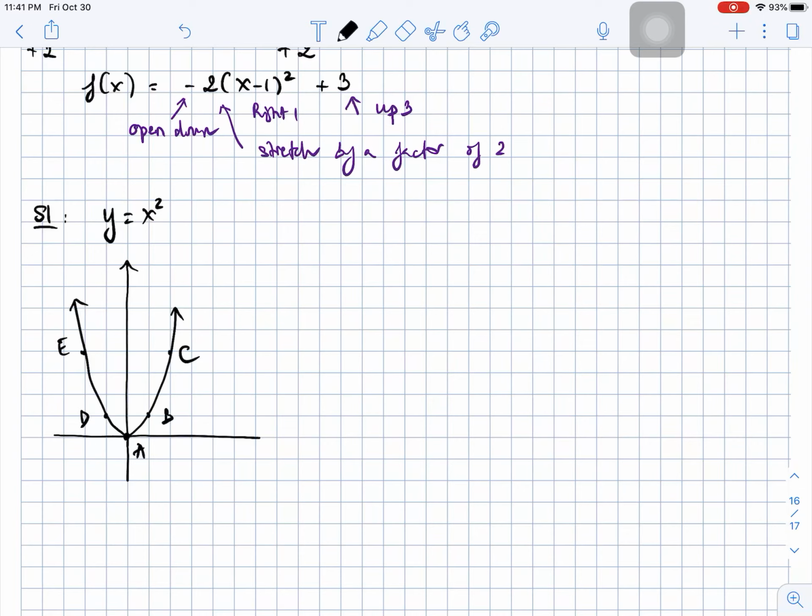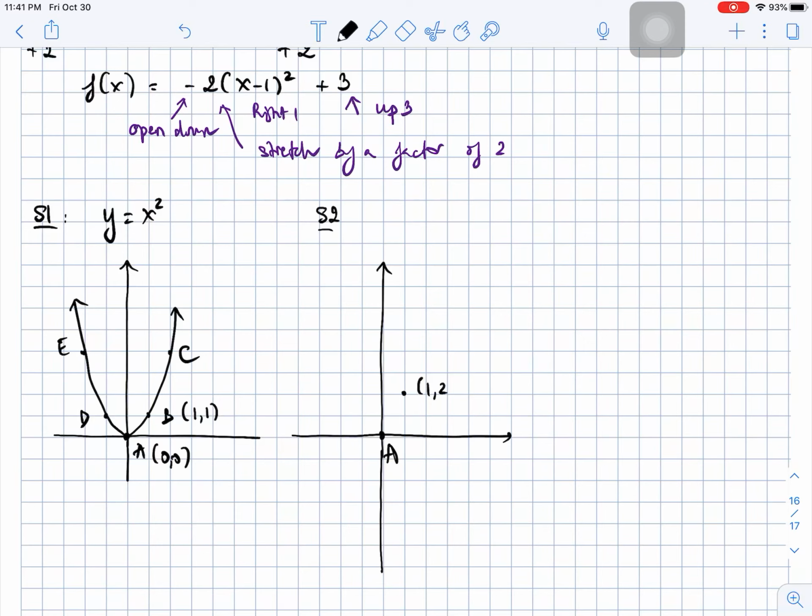Okay, so let's begin. Step number 1, we will begin from the original parabola. The original parabola is 1, 1, 2, 4, 0, 0, negative 1, 1, and negative 2, 4.